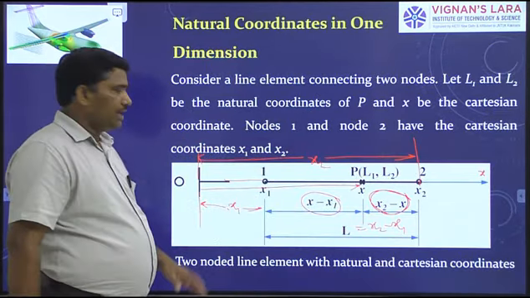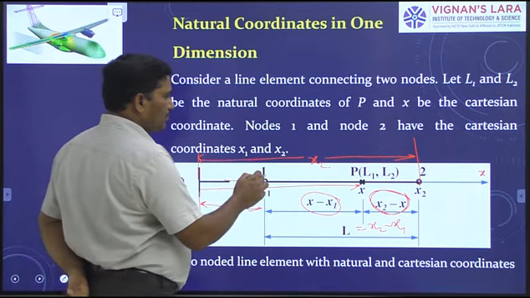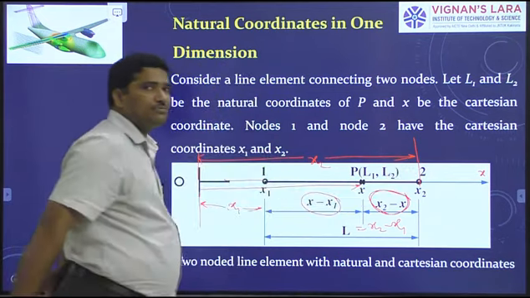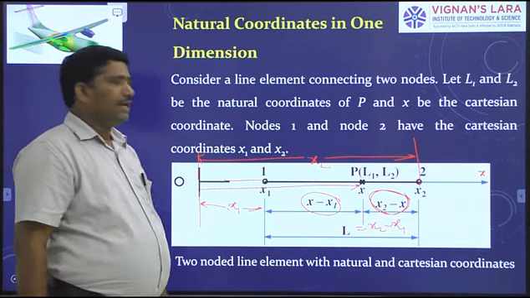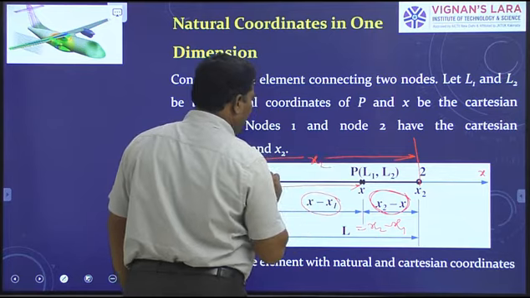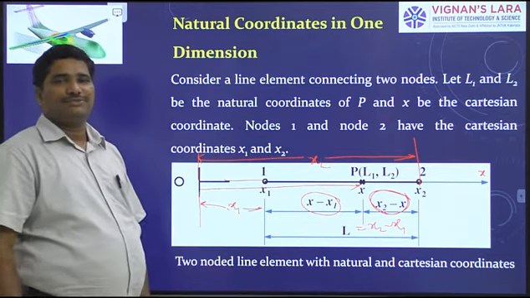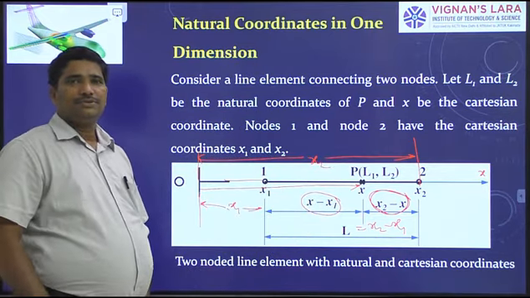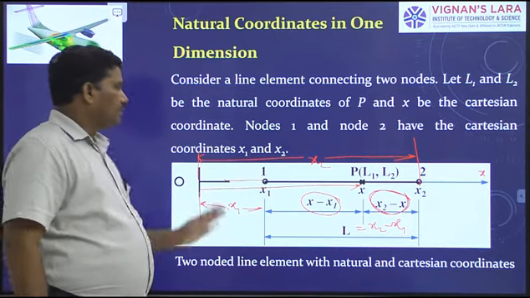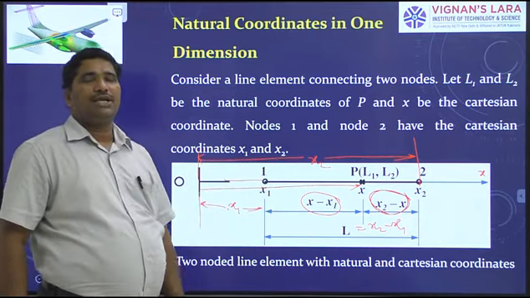Come here. If L1 is unity at node 1, L2 is 0 at node 2. If L2 is unity at node 2, L1 is 0 at node 1. The sum of the natural coordinates is unity.